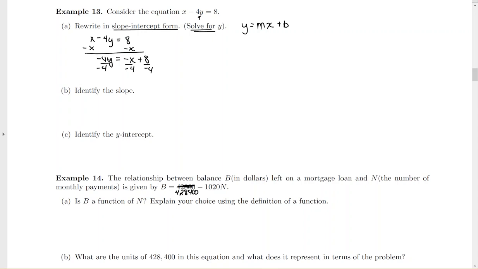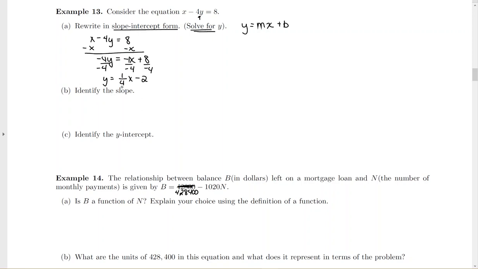So that when I reduce, I get y equals a negative 1 divided by negative 4 is a positive 1/4 x. Notice I didn't change it to a decimal, leave it as a fraction. And then a positive 8 divided by negative 4 is negative 2. So now it's in slope-intercept form.